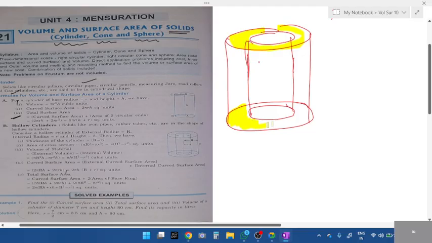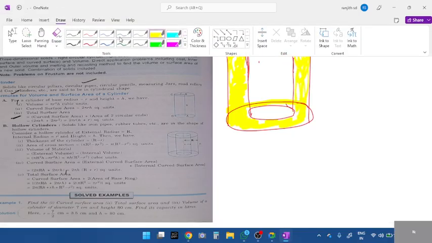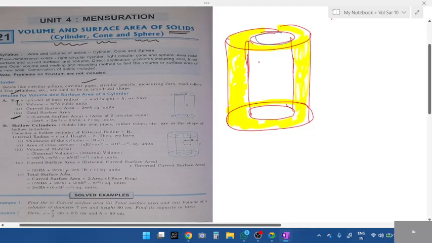All this is covered. Okay, all this will be covered. Only here in this small hole, you'll have space left. So right round everything will be covered. That is what they mentioned. This is the meaning of hollow cylinder.